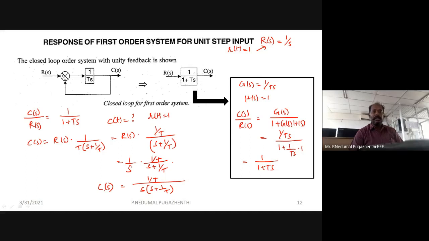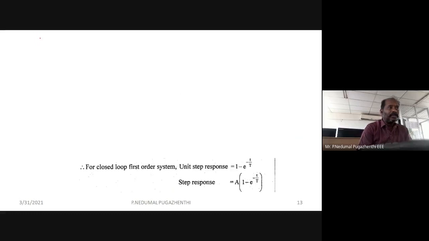If I want C of t, I have to take the Laplace inverse, but at this stage I cannot take it directly. So I will go for partial fractions. 1 by t divided by S into S plus 1 by t is equal to A by S plus B by S plus 1 by t. So 1 by t is equal to A into S plus 1 by t plus B S.